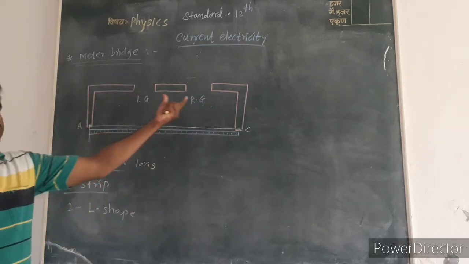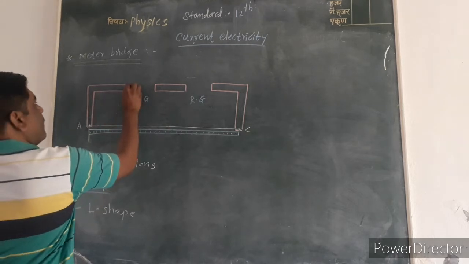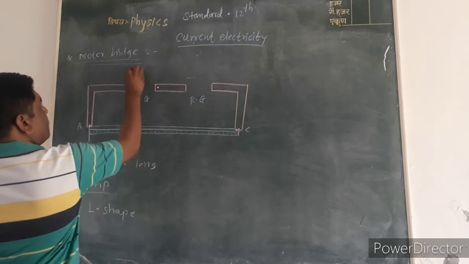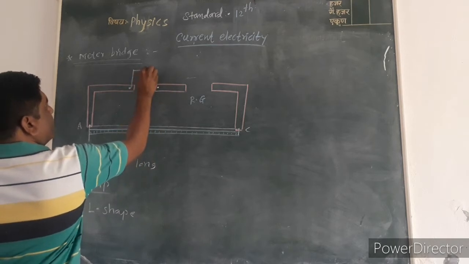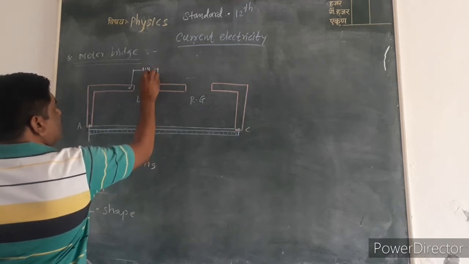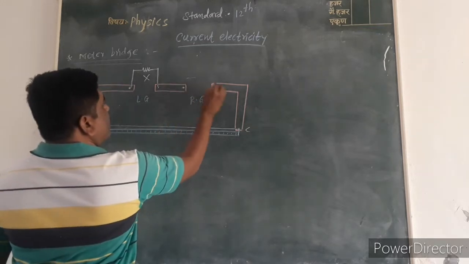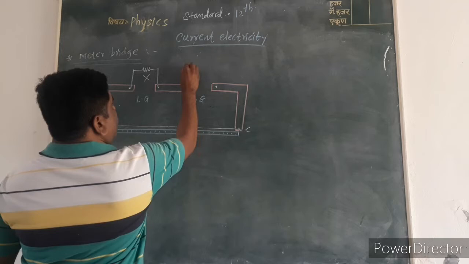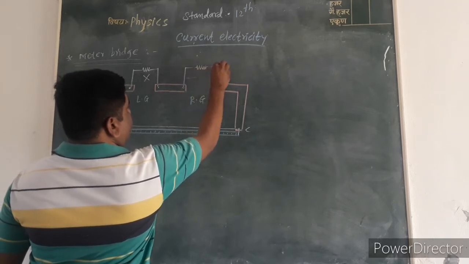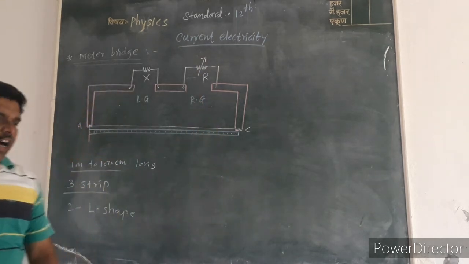In the left gap, there is an unknown resistance X, whose resistance can be determined, and in the right gap there is the resistance box R.